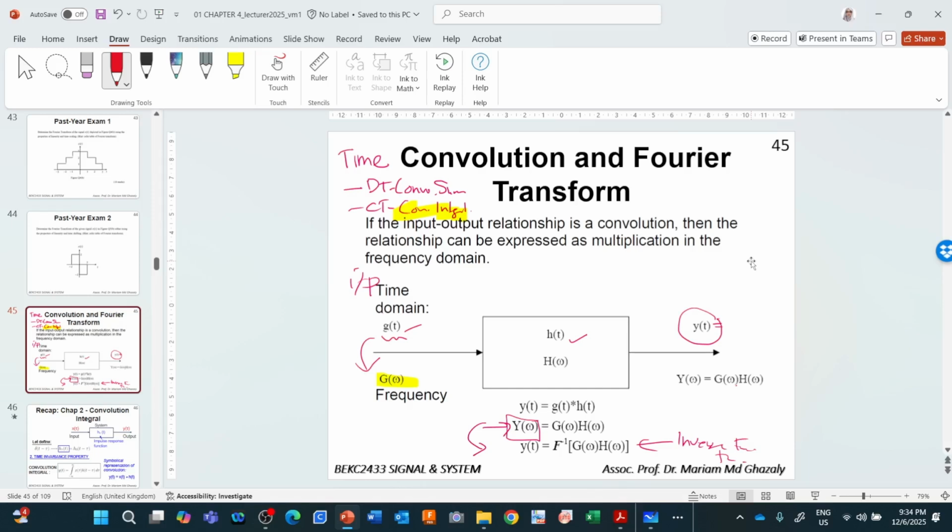Graphical. The convolution integral, right? So you integrate X with H(t), which is a lot of work. In the frequency domain it is much easier. You don't need to do all the shifting. Basically Y omega is H omega times X omega.